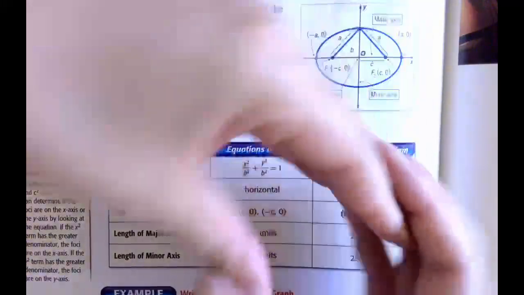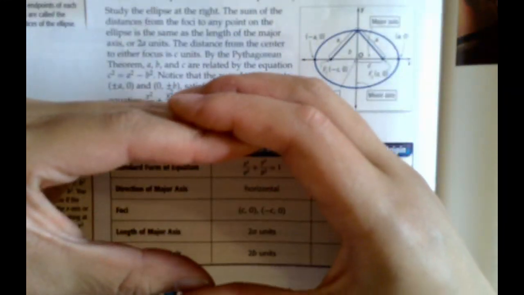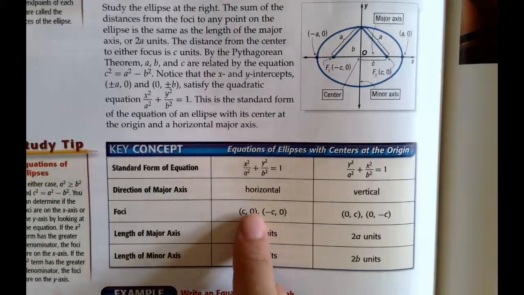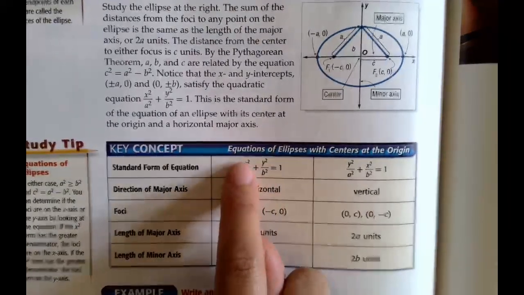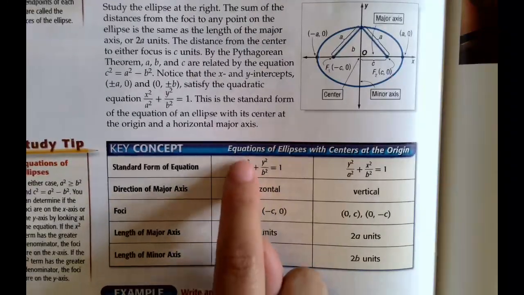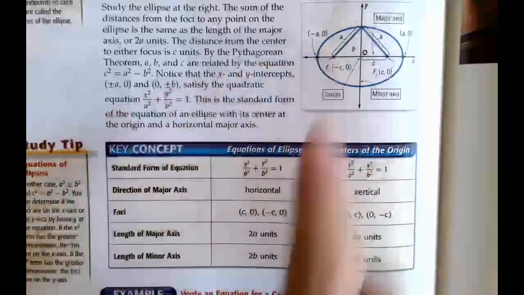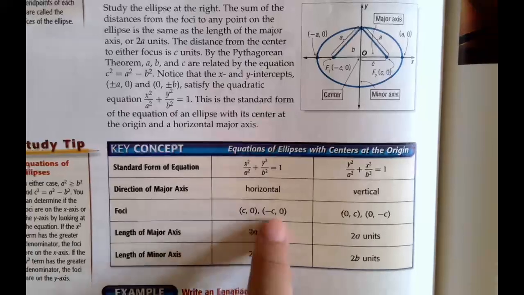The only difference is if it's horizontal or vertical. If it's horizontal, the a squared will be under x. If it's vertical, the a squared will be under y. If a is under x, the major axis will be this way, and it will affect the x values of your foci.